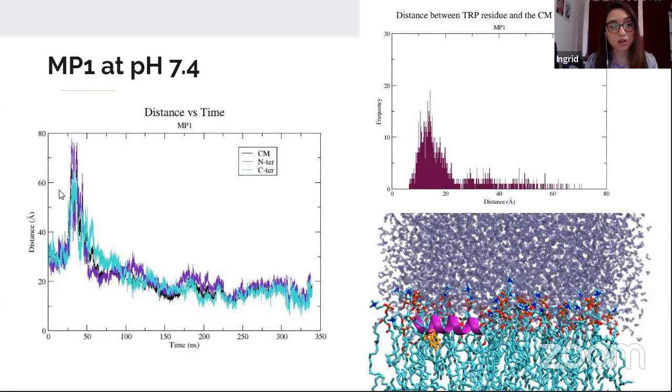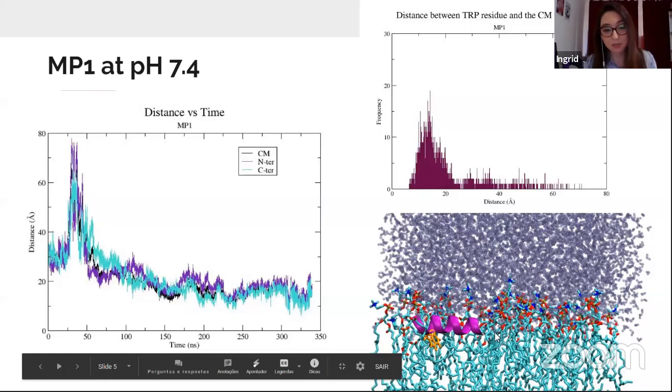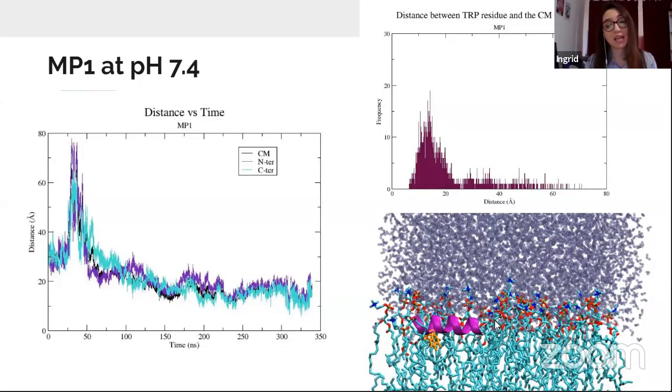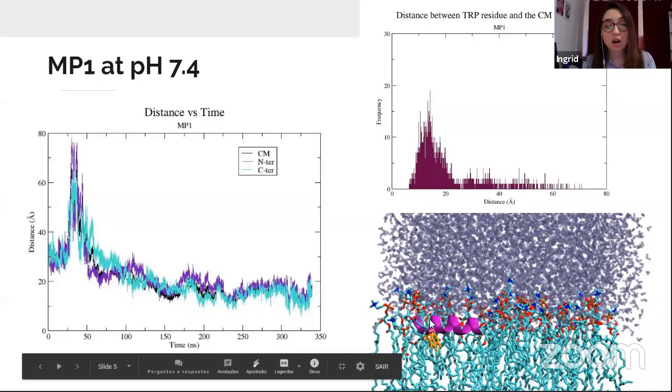In this first plot, when the distance is below 20, it means that it is inside the bilayer. When it's above, it's outside. You can see in this snapshot that the peptide at the end of the simulation gets all inserted in the bilayer.